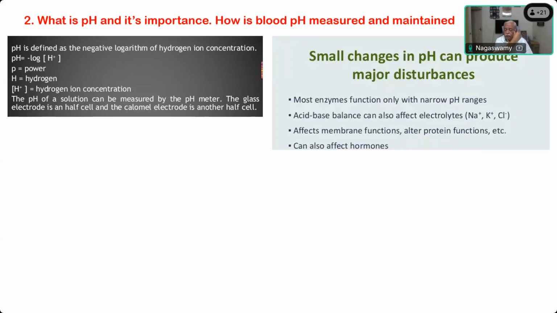Another important reason why it is on the alkalotic side, slightly 7.35 to 7.45, is that life is an acidogenic process. There is an enormous quantity of hydrogen ion produced by each and every biochemical change that takes place in the body.